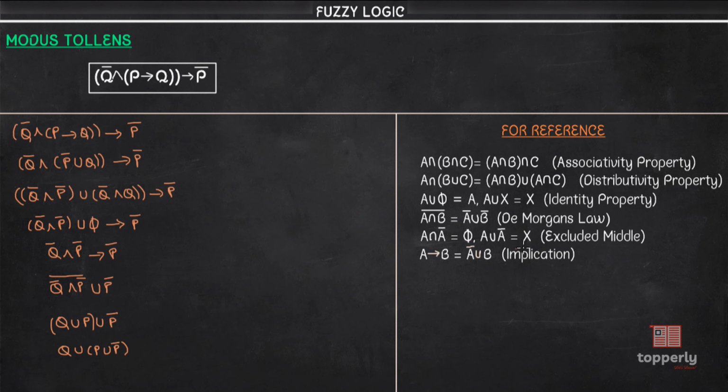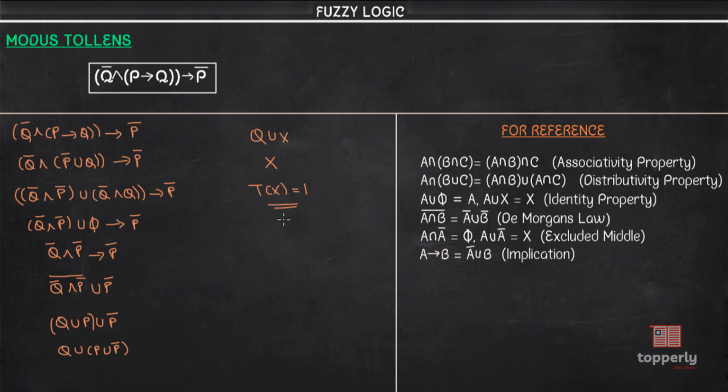And as per the excluded middle, we know that A union A complement is equal to the universe X. That is, P union P complement will be equal to the universe X. Therefore, we get Q union X. And by applying the identity property where A union X is equal to X, Q union X will be equal to the universe X, and we know that T of X is equal to 1, and hence the tautology is proved.